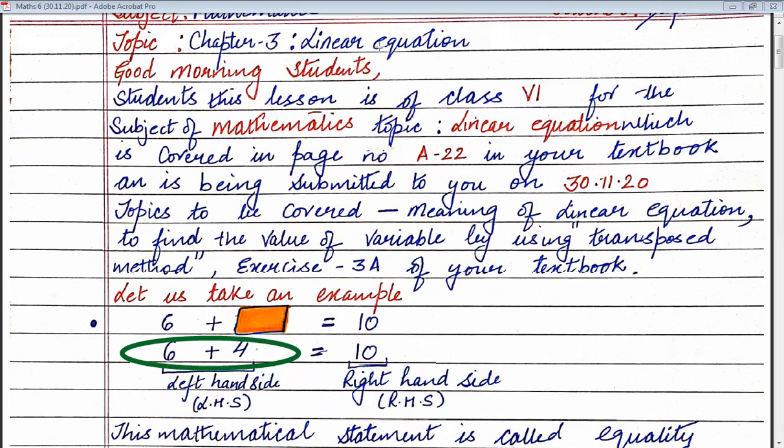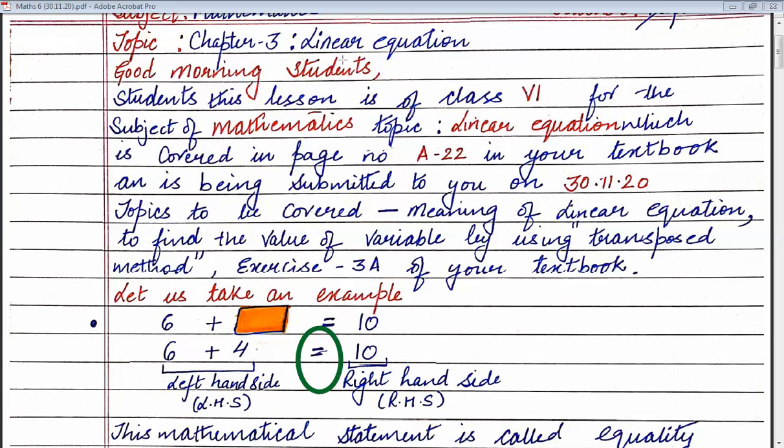Now children, can you tell me in this example which one is your left hand side? Yes, 6 plus 4 is your left hand side. And which is your right hand side? 10 is your right hand side, RHS. Now children, whenever in a mathematical expression you have equal to sign, that expression is called equality.